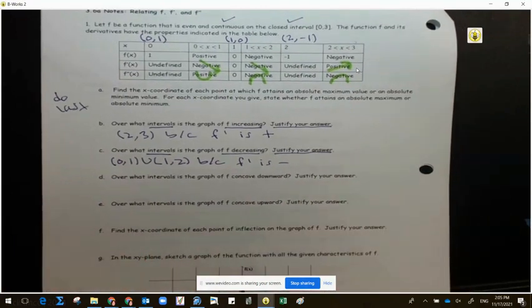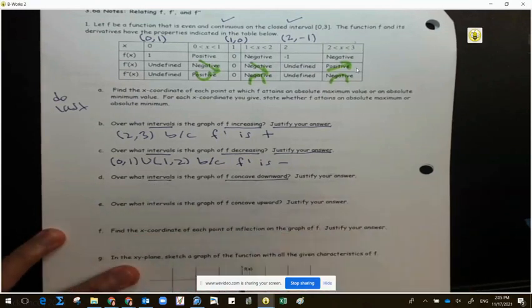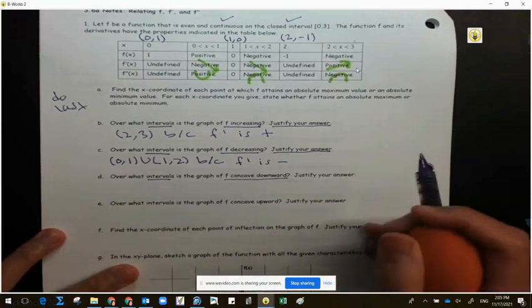Then let's go to part D. Mason, go ahead and read. Over what intervals is the graph of f concave downward? Justify your answer. Concave downward has to do with the first derivative or the second derivative? The second one. We've dealt with that earlier this week.